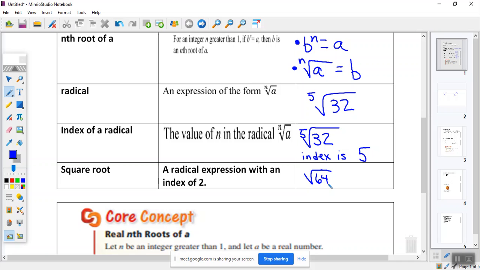I don't write the index up there. So if you don't see an index up here, the index is really what value? Okay, if you don't see a number up here, that implies that your index is 2. We're looking for the square root, or the second root of 64. Okay?